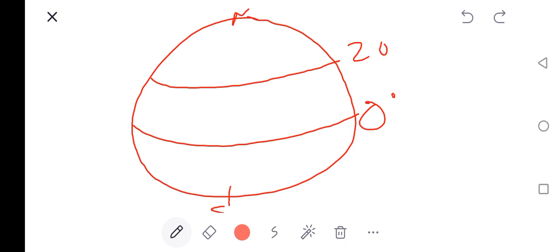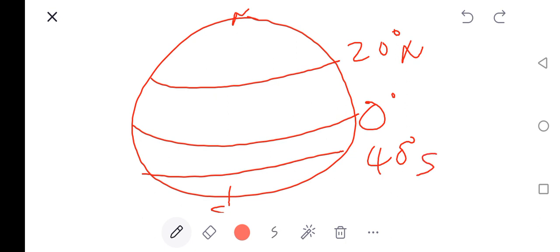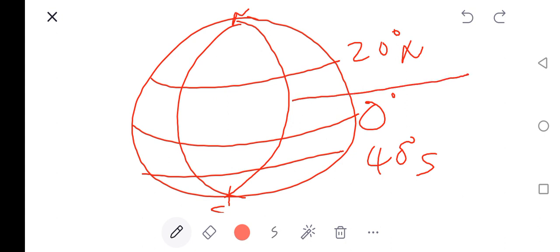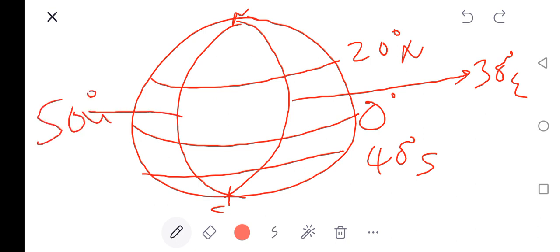Let's have 20 degrees north, 40 degrees south, and then 30 degrees east, 50 degrees west. So this is point A, point B, point C, point D, point E, point F.